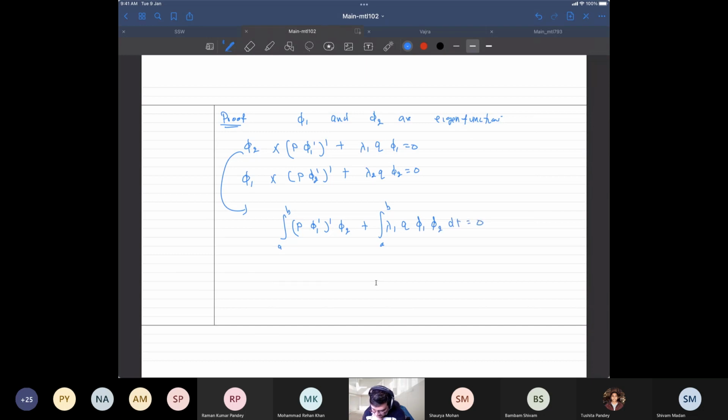So I multiplied and took the integration, and now I'll throw the derivative onto this one, because boundary conditions are all 0 for both phi1 and phi2. So the only thing I get is minus the integral a to b of p phi1 prime phi2 prime dt plus the integral a to b of lambda 1 q phi1 phi2 dt is equal to 0.